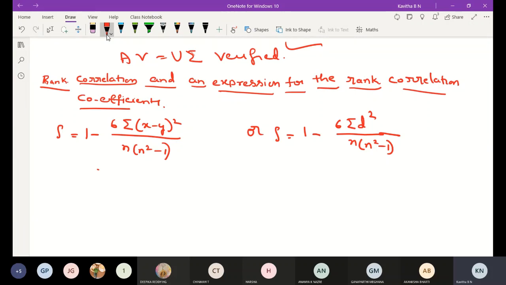Then we will solve the problems here. One question is compulsory.